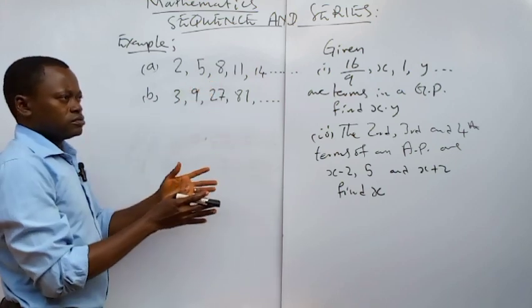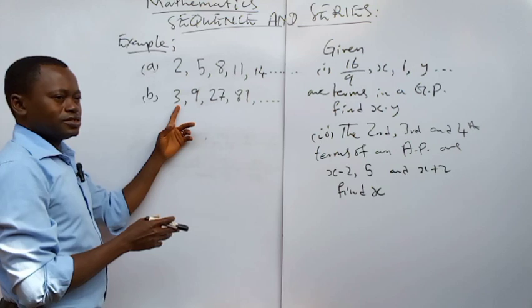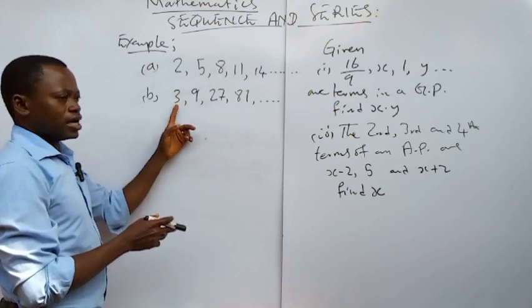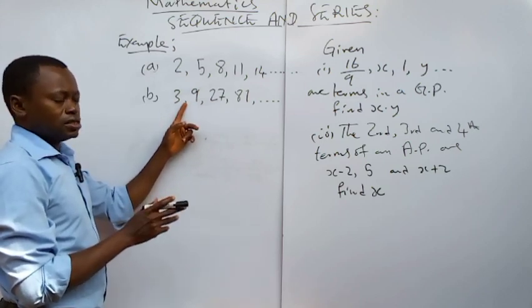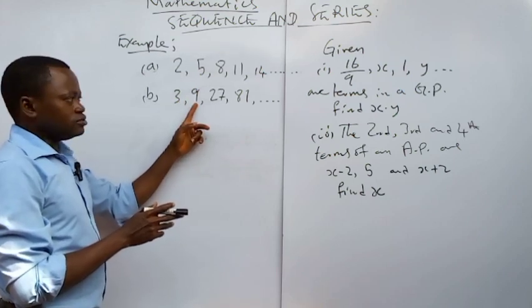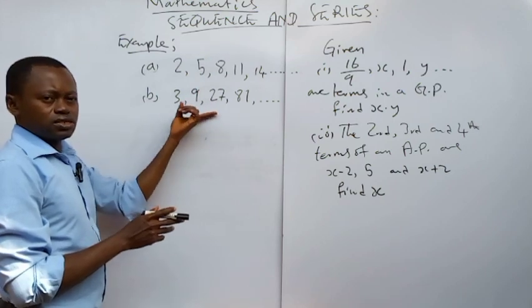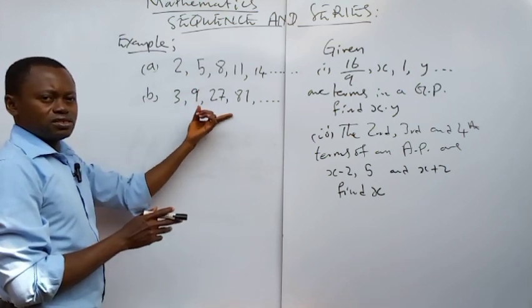But here, what am I going to add to 3 to get 9? It is 6. If I add 6 to 3, I'll get 9. But add that 6 again, and you can't get 27. So you see the process by which this is going is different.